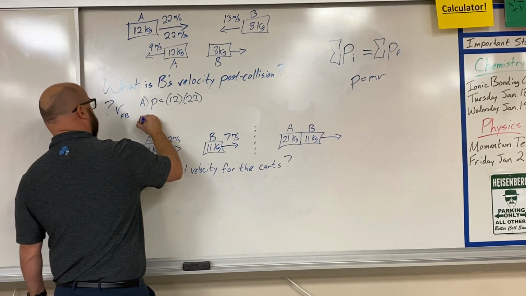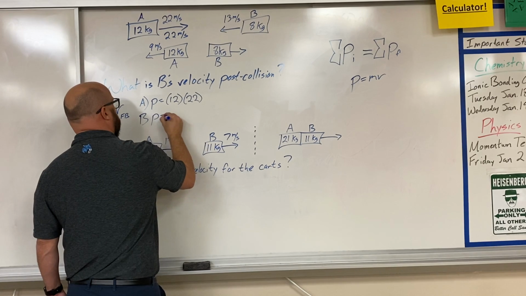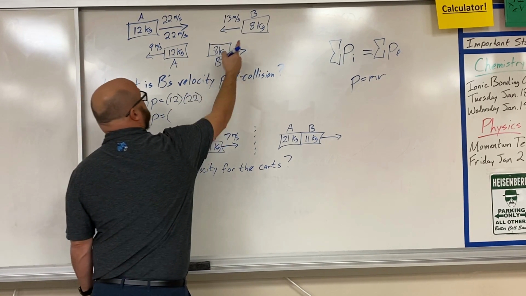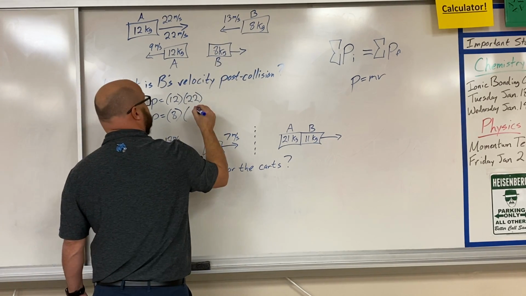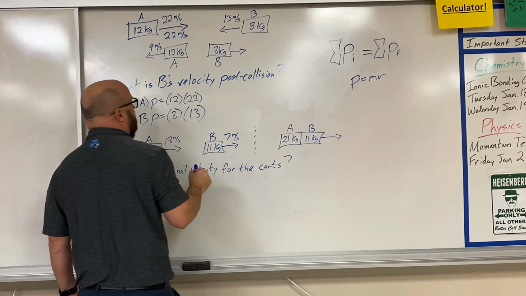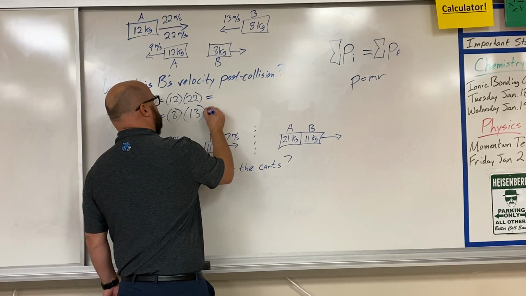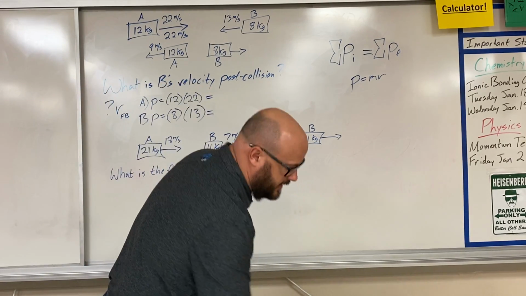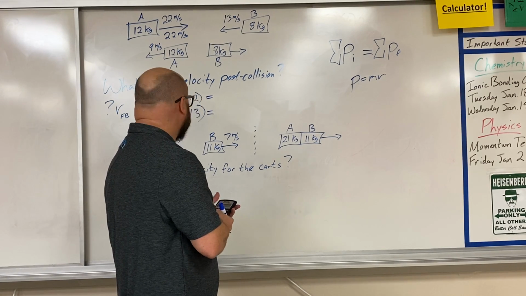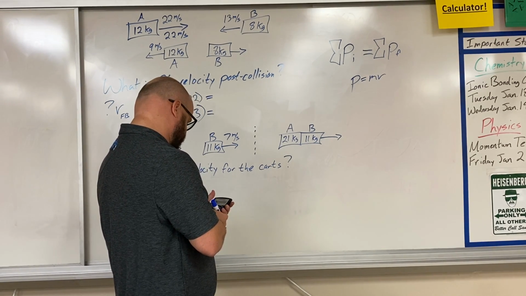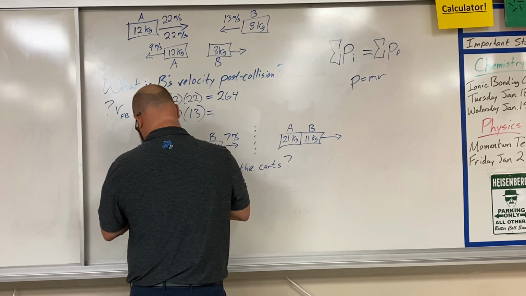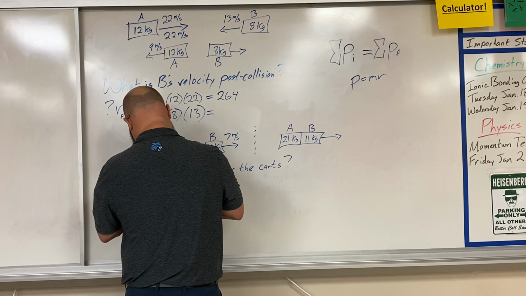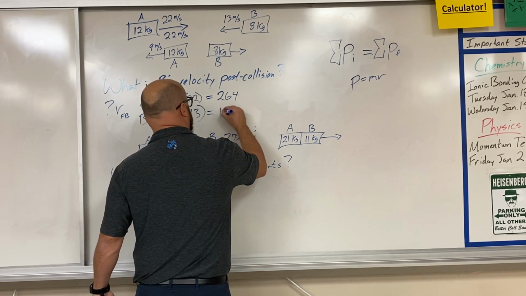And then for cart B, we have its mass, which is 8, multiplied by its speed, which is 13. All right, do a little mathematics here. 12 times 22 is 264. And 8 times 13 is 104.